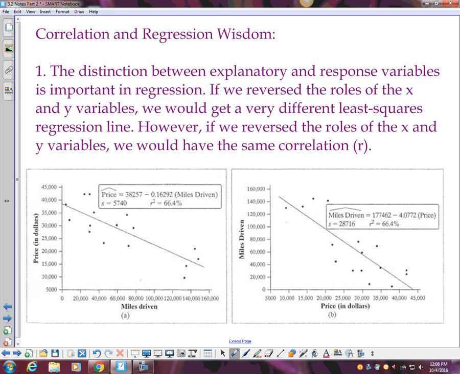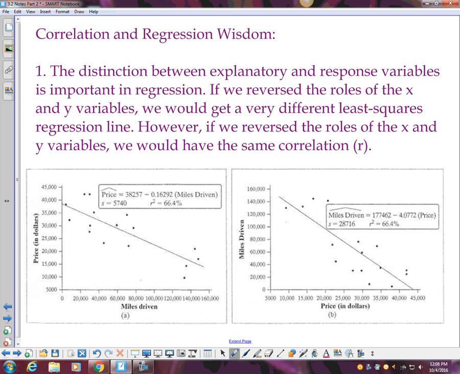The distinction between explanatory and response variables is important in regression. If we reverse the roles of x and y, we would get a very different least squares regression line. However, if we reverse the roles of x and y, we would have the same correlation coefficient.